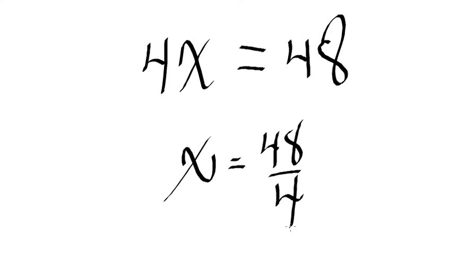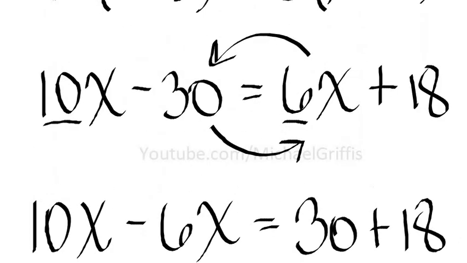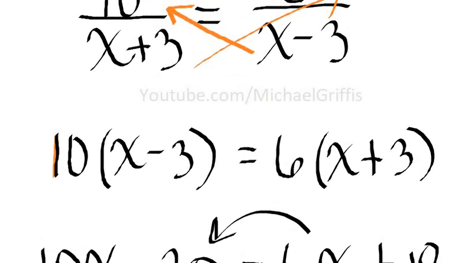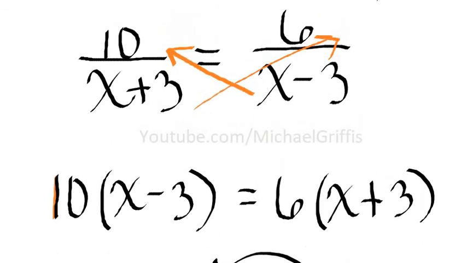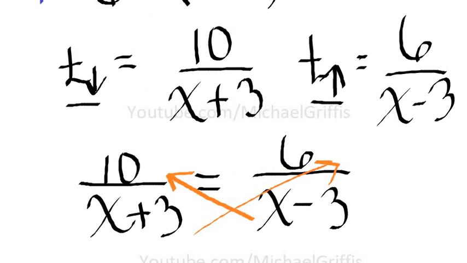Actually that's 12. So what is 12 in units? Miles per hour, 12 miles per hour. That's how fast the boat would be traveling in still water.